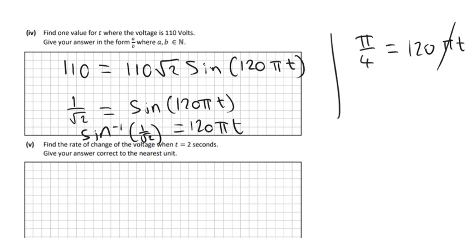There's a pi on both sides, so those will cancel out, so we get 1 over 4. When you bring across the 120 and divide, you get 1 over 4 times 120, so that's going to be 480. So t is equal to 1 over 480, and that's in seconds. Yeah, so 1 over 480 seconds.